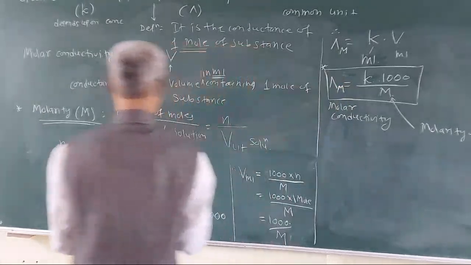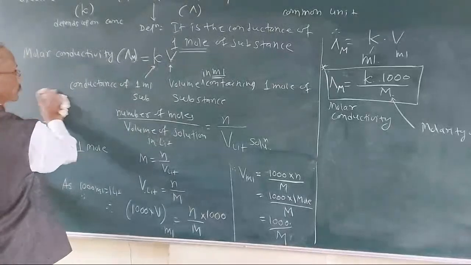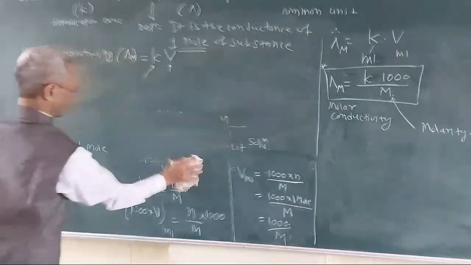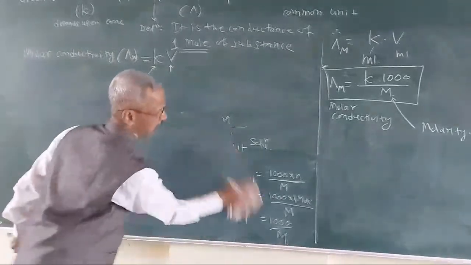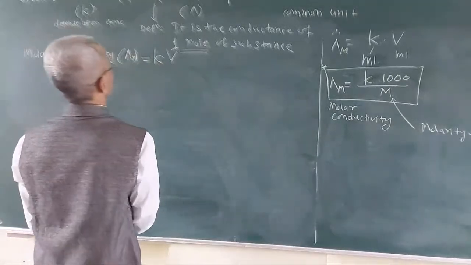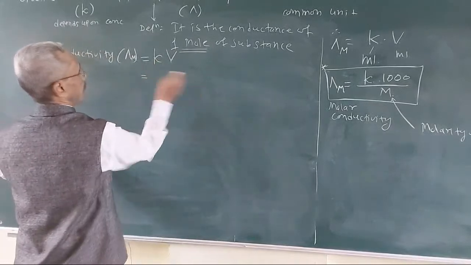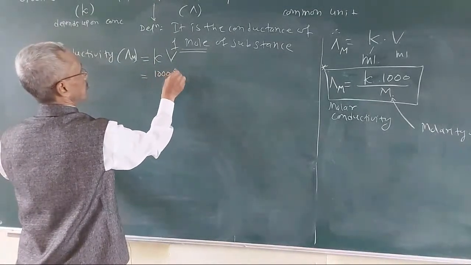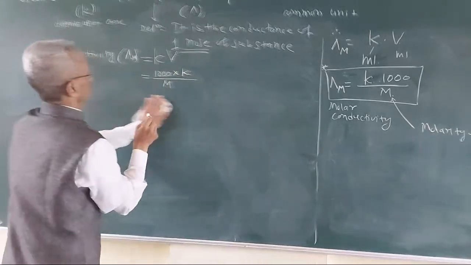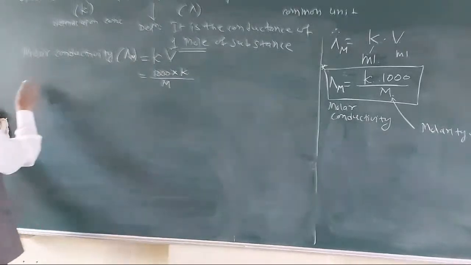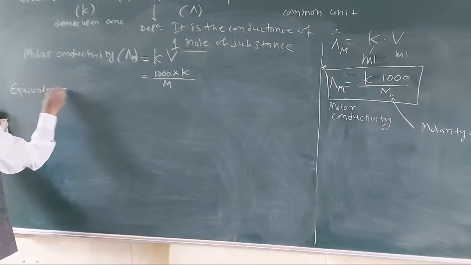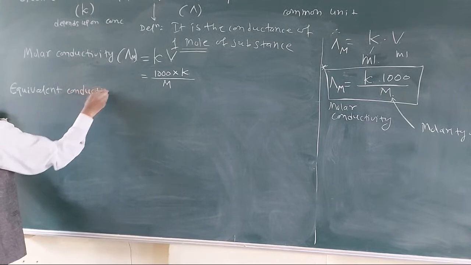Now consider. One can write here the molar conductivity, as discussed here, is 1000 into kappa upon molarity. Now, equivalent conductivity.